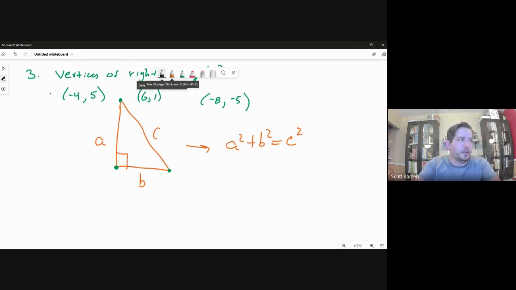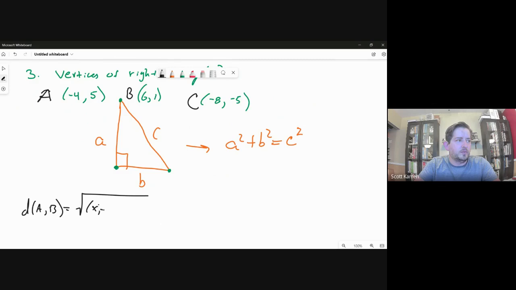So we'll call this point A, we'll call this point B, and we'll call this point C. And so I want to find, to start, the distance between point A and B. And that is, of course, the square root of x1 minus x2 all squared, plus y1 minus y2 squared.